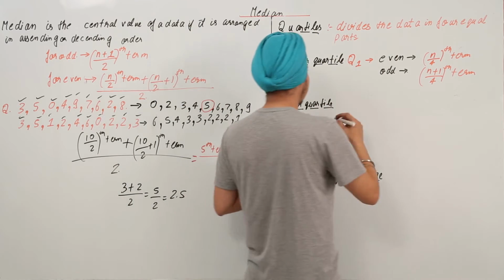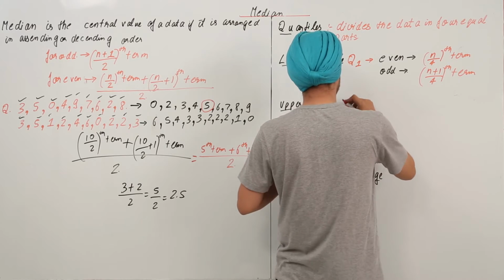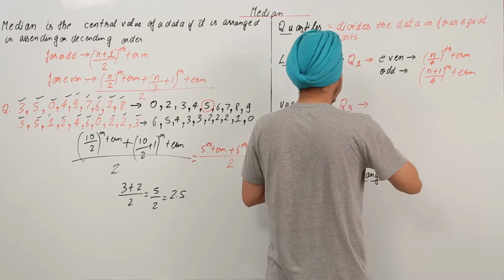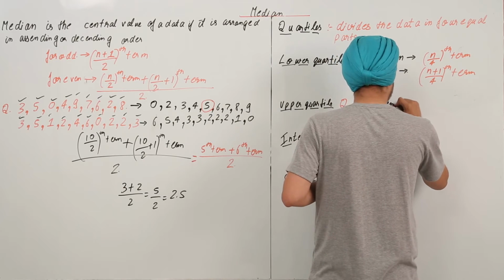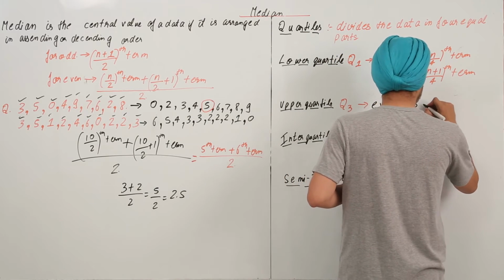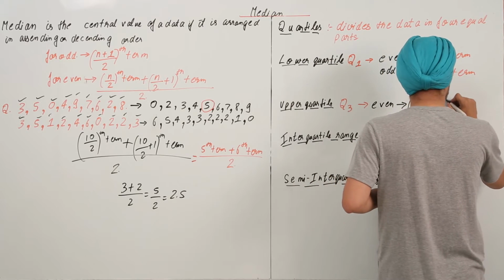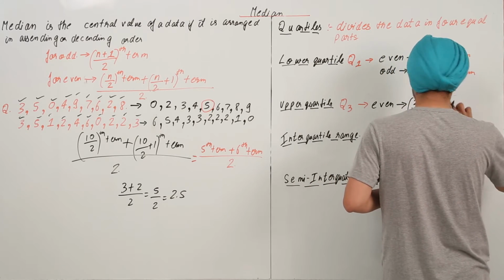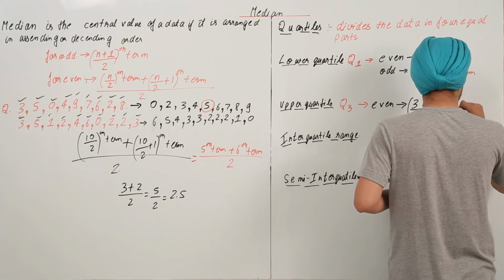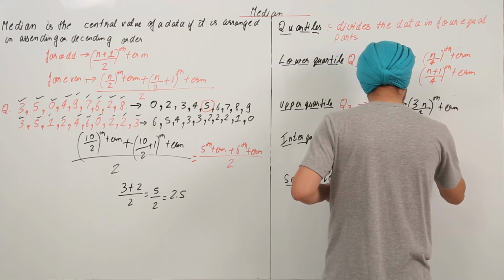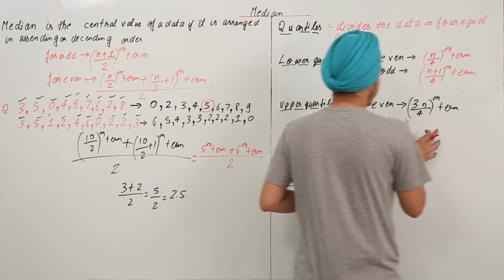Now the upper quartile, which is denoted by Q3, is for even equal to the 3n by 4th term. And for odd, what would this be?